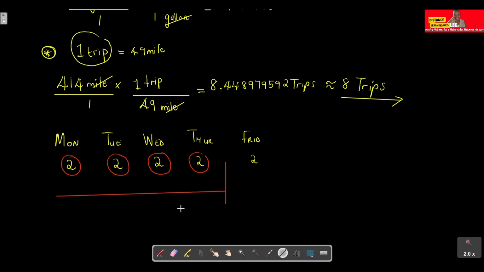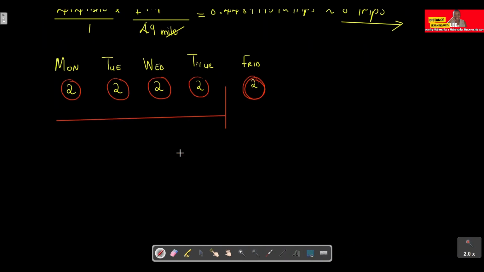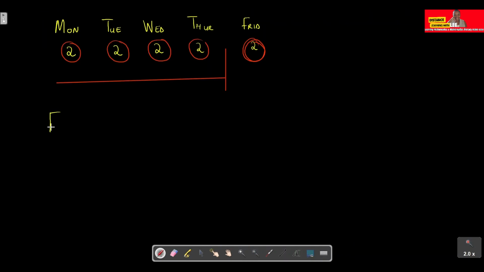So that means that on Thursday he will need to fill up his car again. And if he fills up his car again, that means that on Friday he will only use 2 trips. We already know that 1 trip is equal to 49 miles.